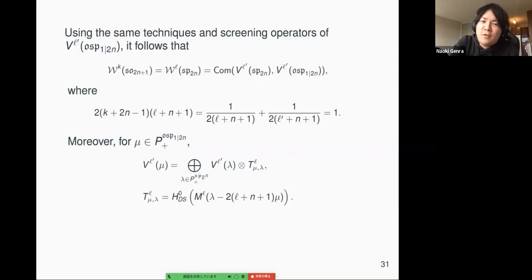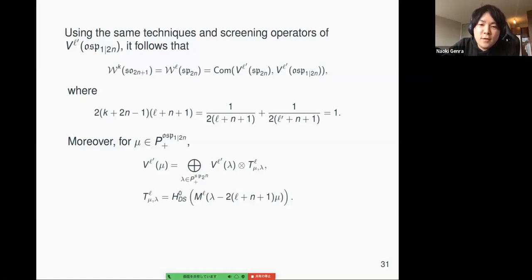Now, using the same technique, if you assume the screening operator of affine OSP 1|2n, we can also prove this coset isomorphism. The first one is Feigin-Frenkel duality, and the last one is a coset of SP 2n inside OSP 1|2n, using this relation. And maybe this is also proved by Linshaw and Shashank, Andy and Shashank.